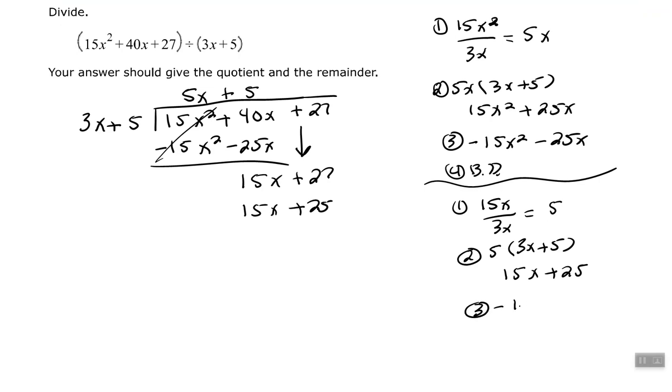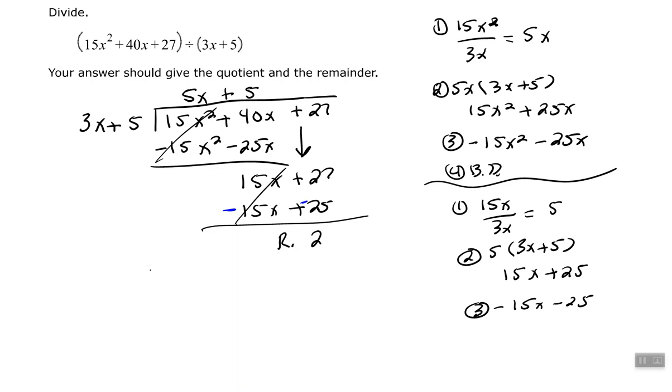So that becomes negative 15x minus 25. And then combine the like terms. So 27 plus negative 25, or minus 25, is 2, which is our remainder. Okay, so 5x plus 5 plus the remainder of 2 over 3x plus 5.